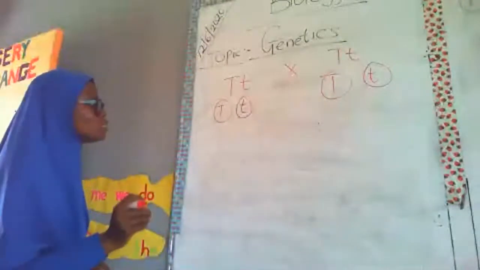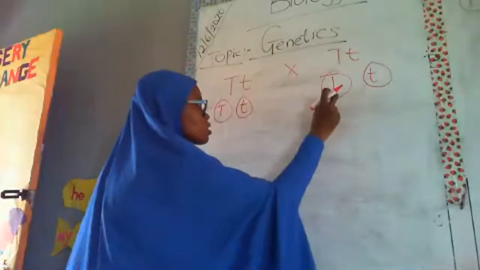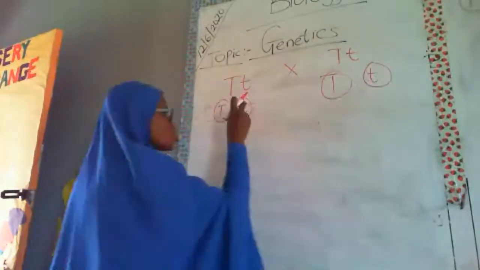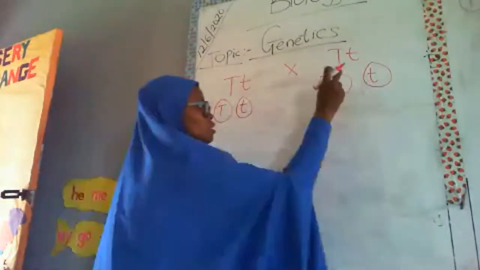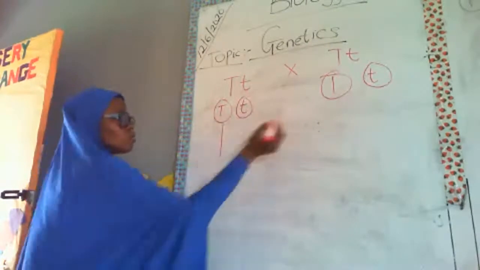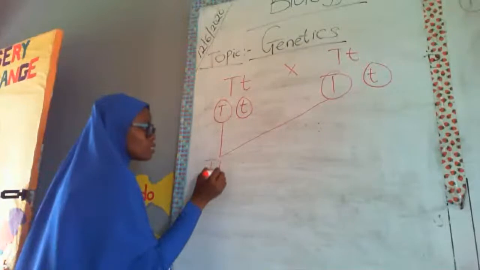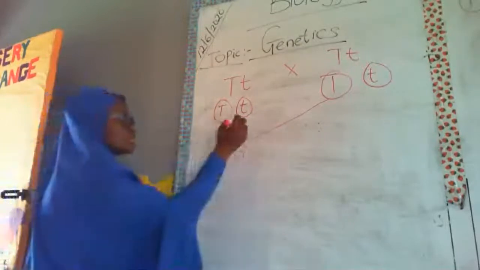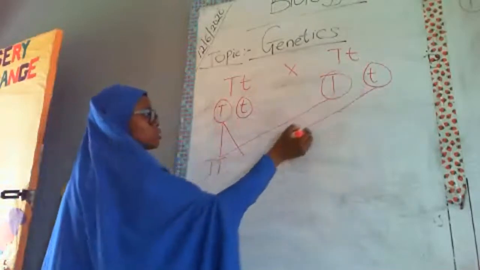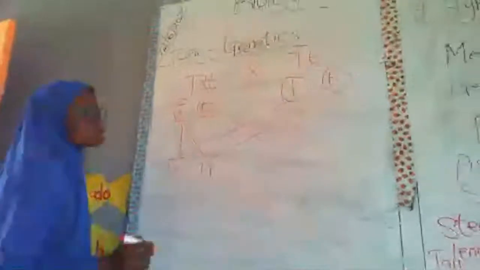Now, we want to do the crossing. The first thing for you to do is to cross the T here to the T, meaning that this T must cross this one and this one. This small t also must cross this one and this one. Now, let's do the crossing. So, capital letter T, capital letter T. Again, this one must also cross this one: capital letter T, small letter t.